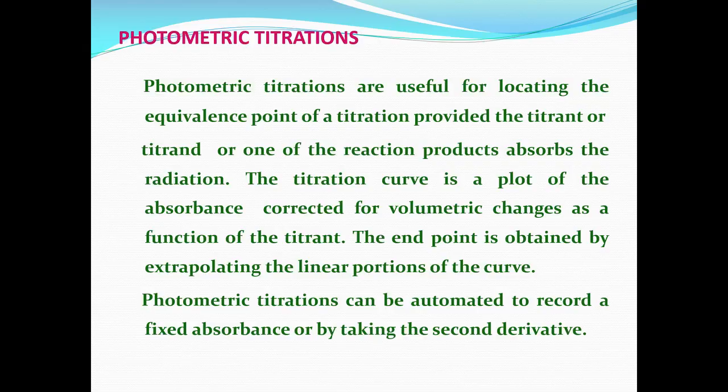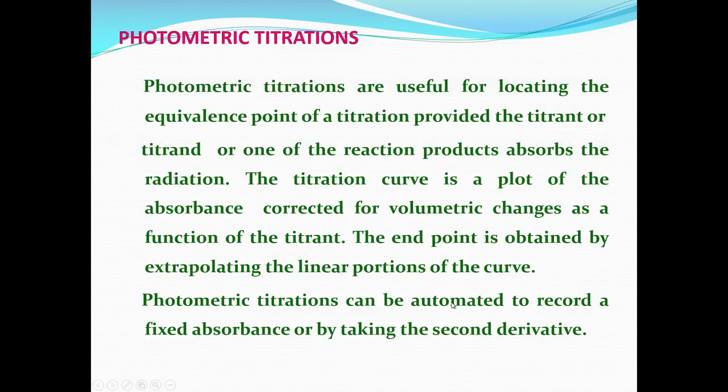The end point normally is obtained by extrapolating the linear portions of the curve, because obviously it is not possible for us to end exactly at a particular point. So, what we do is we normally extend the linear portions of the curve, and the intersection we take as the end point of a reaction.